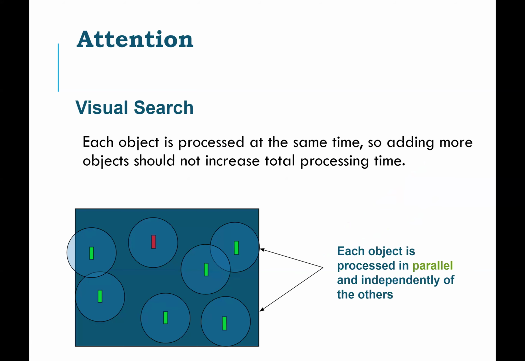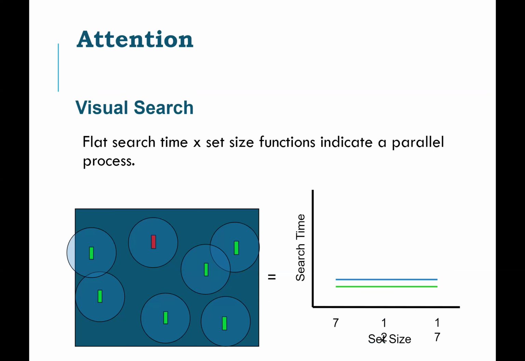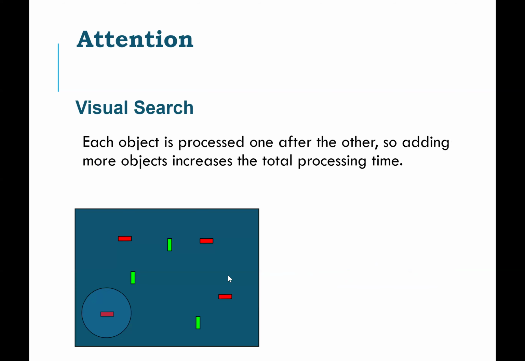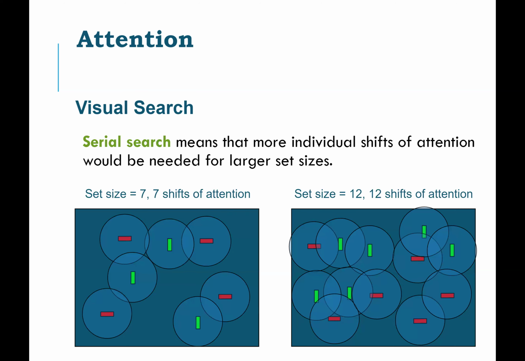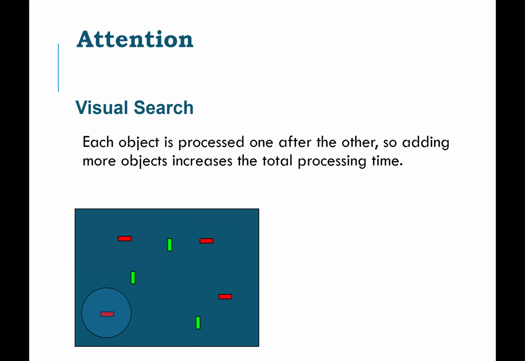Now, the reason, let's look at the displays that we had for the two search tasks. In this case, each object is processed at the same time, meaning that everything is being processed in parallel. And in parallel, you could say, well, there is a target. In this case, however, not all objects can be processed in parallel, but rather you're looking at one object, and then you look at another object, and then another object.